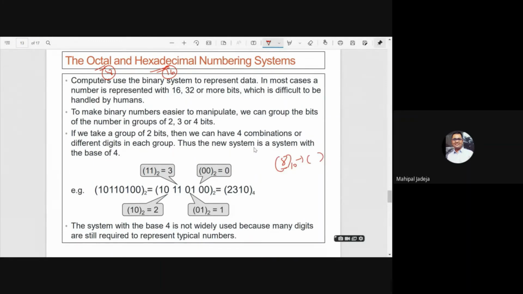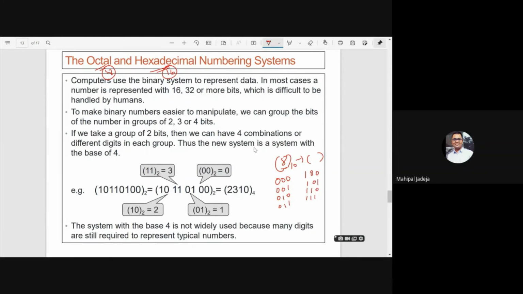Because 8 corresponds to 8 different combinations like this: 0 0 0, 0 0 1, 0 1 0, 0 1 1, and then again the same four, but with 1 instead of 0 in the first bit: 1 0 0, 1 0 1, 1 1 0, and 1 1 1.